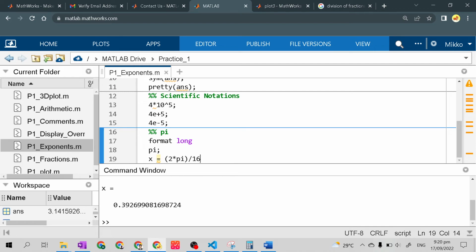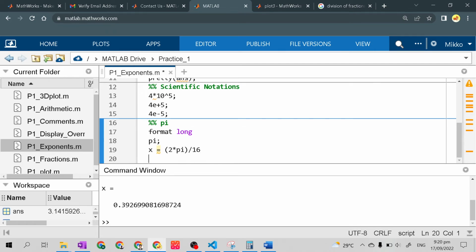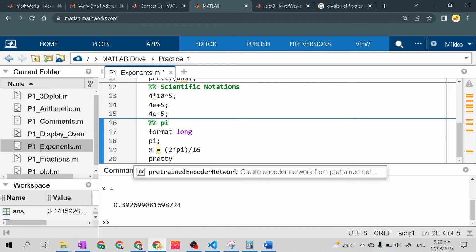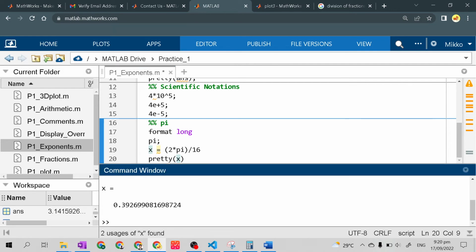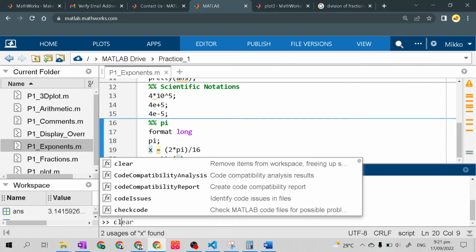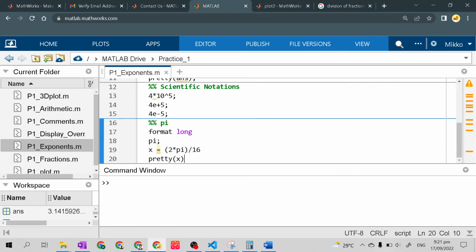We have here an answer of x, which is decimal. Let's try to prettify x. Okay, F5.